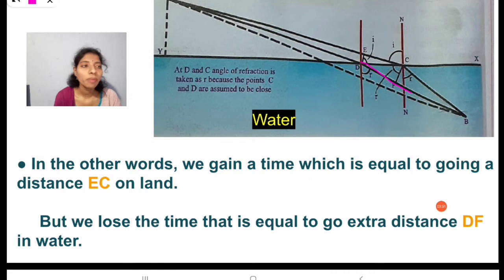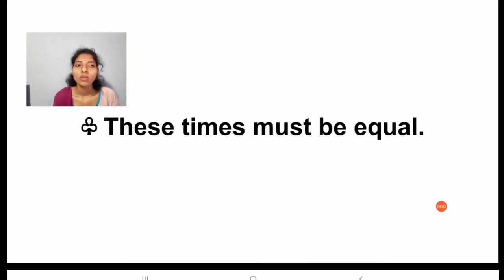If we choose the path CF inside the water, on the land we have to travel the extra distance EC. So these times must be equal.